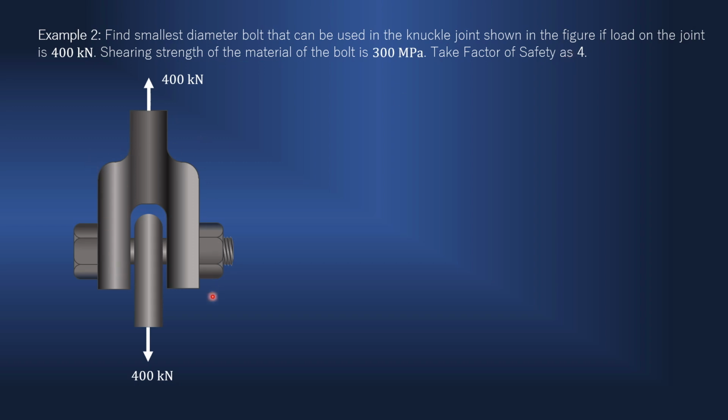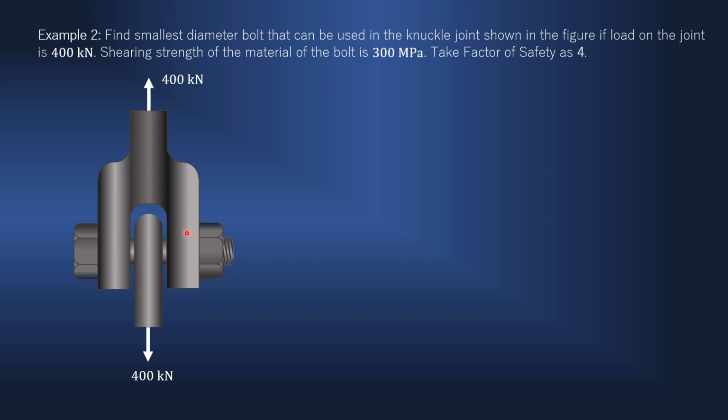Now watch here. This is a knuckle joint. These two portions, this upper portion which is a U-shaped portion and this lower portion, are connected by a bolt. This bolt passes through holes in these two parts of the U shape and this middle portion.